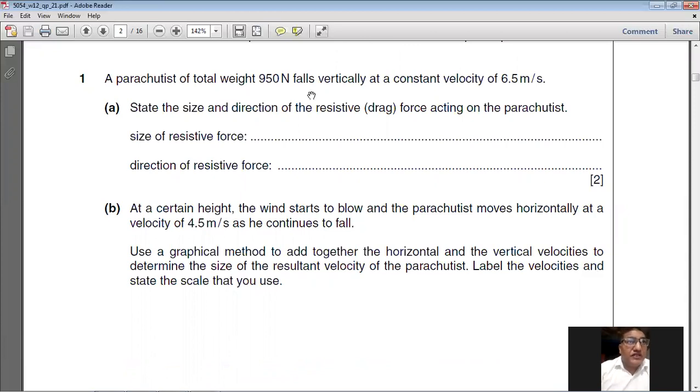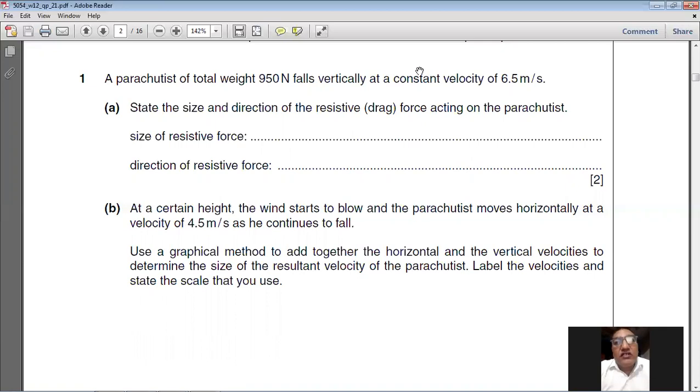You see, the weight of the parachutist is given, 950 Newton, and he's falling with constant velocity. When he's falling with constant velocity, we call it terminal velocity, and constant velocity is only possible when the upward and the downward forces are balanced with each other.